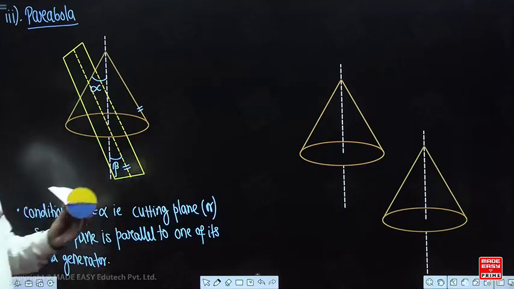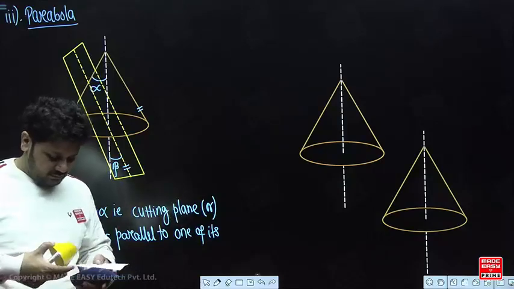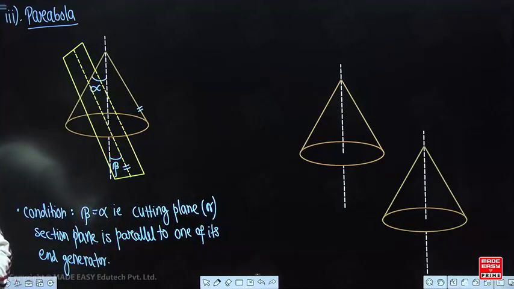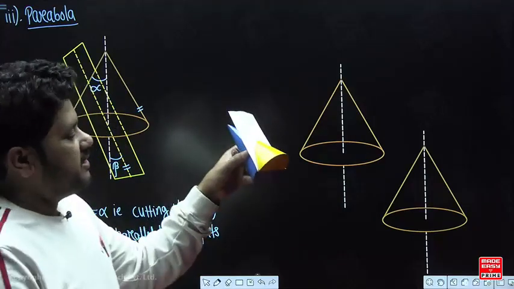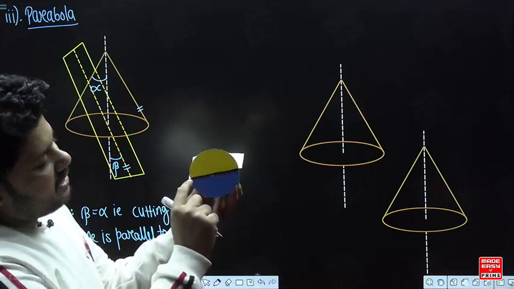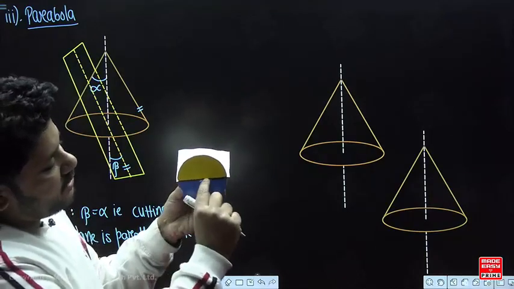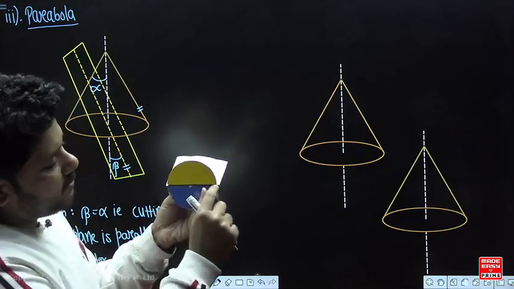So look, you can see that this cutting plane, right? Let me show you a little. Fine. See, this cutting plane is cutting one base. So this is the base, it is cutting here and the vertically opposite point.